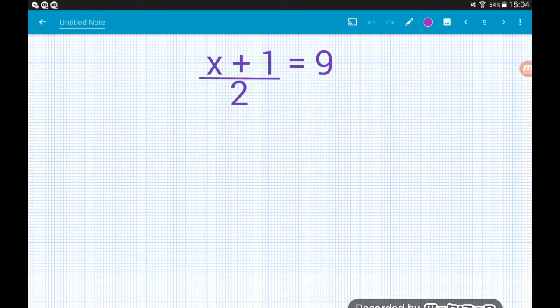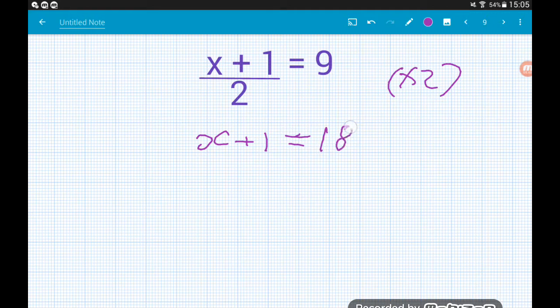So the first thing that we have to do here is to sort out the bottom of the fraction. Now remember, it's a division, so to sort that out, we're going to multiply both sides by 2, and that's going to give us x plus 1 is equal to 18.